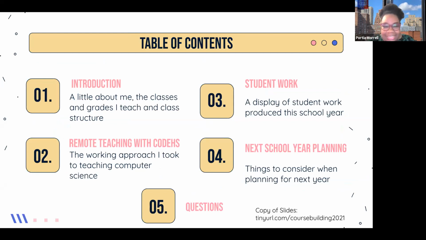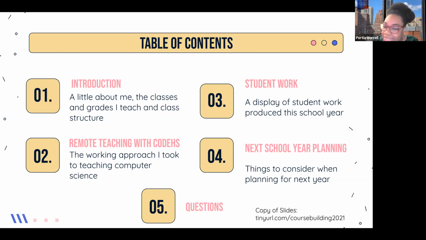So here is a table of contents for today's session. First is just a brief introduction, a little bit about me, the classes and grades I teach, and my class structure that I've chosen to use for this year. Remote teaching with CodeHS. This year I've been teaching completely online, so CodeHS has been really helpful for my classes, so we'll go over that.